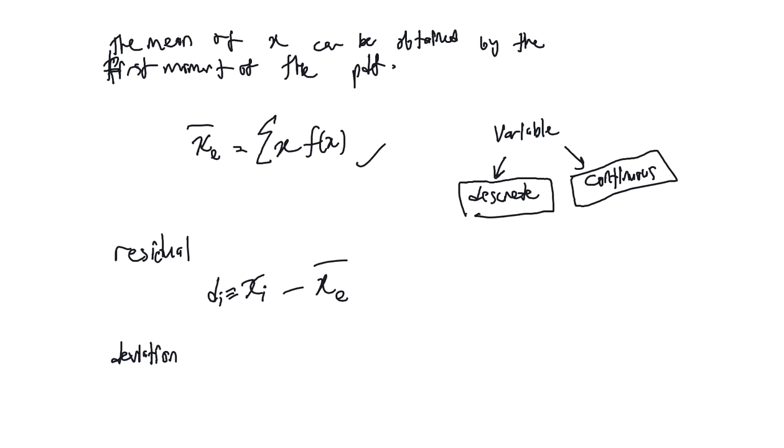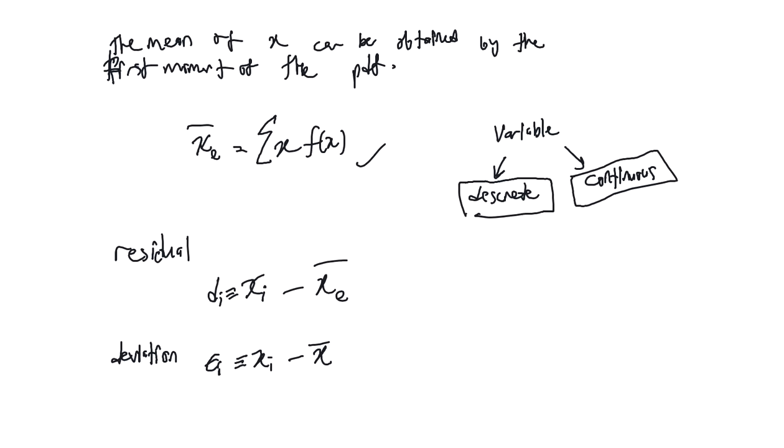Deviation is like residual, but it is how much the data differ from the theoretical mean. For the theoretical mean we don't put the subscript e, it is just x with a bar. And the symbol used is epsilon i. So we have defined deviation here.